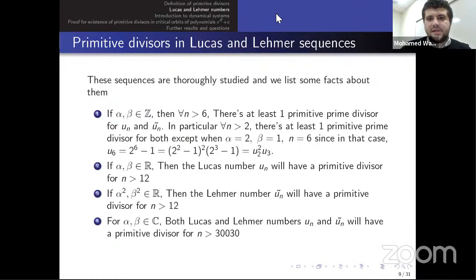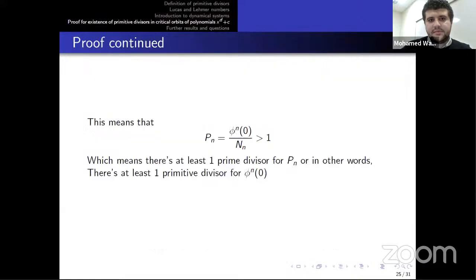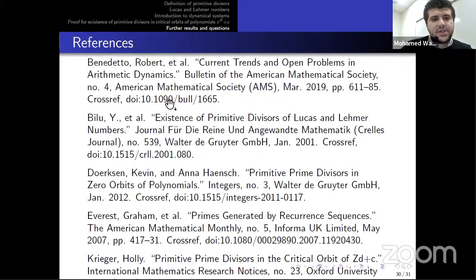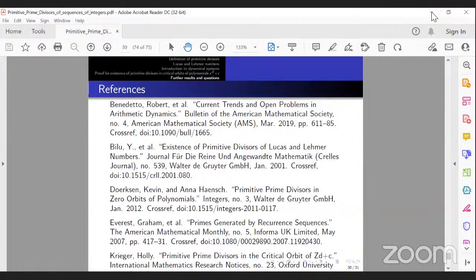Okay, maybe just a second. Actually, it is primes generated by recurrence, existence of primitive prime divisor. Should I share it with you? No, I see it. Okay, I'll find it. Thank you.